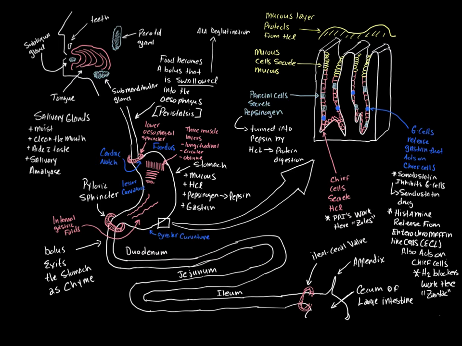Okay, and here's a cool thing. So pepsinogen gets released, but it is in its inactive form until it comes into contact with hydrochloric acid, and then hydrochloric acid converts pepsinogen into pepsin. And pepsin is an enzyme that helps break down proteins.